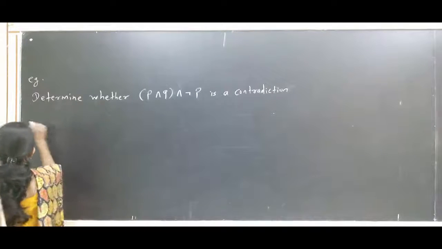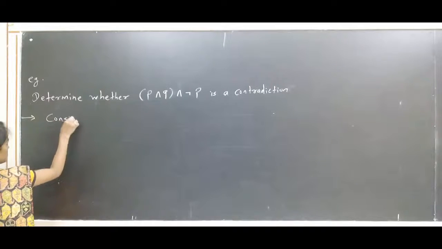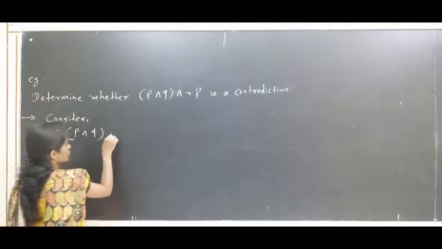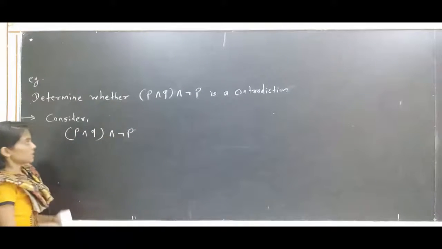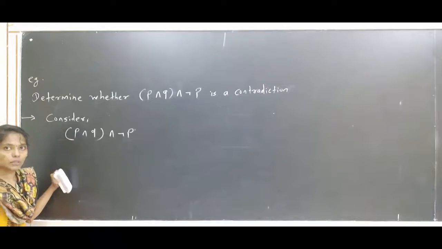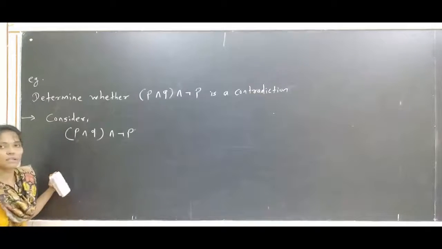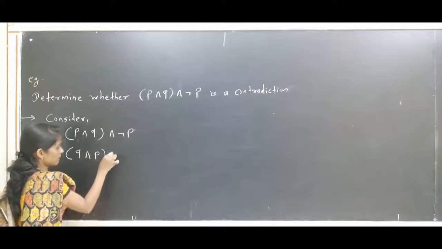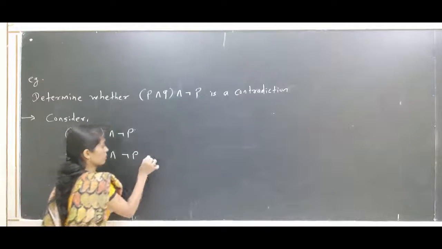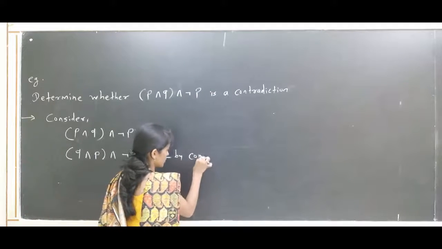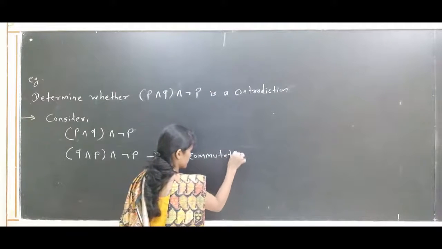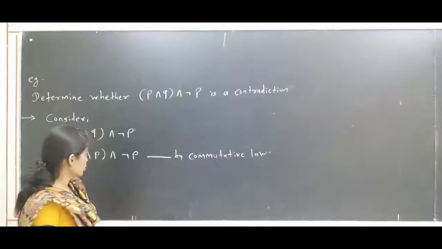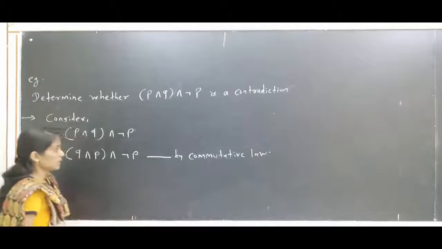Okay. So, solution: first of all, consider the given P and Q and negation P. Now here we know the commutative law, so we apply commutative law here. We interchange Q and P, so Q and P and negation P, by commutative law, since we know that P and Q is equivalent to Q and P, right?